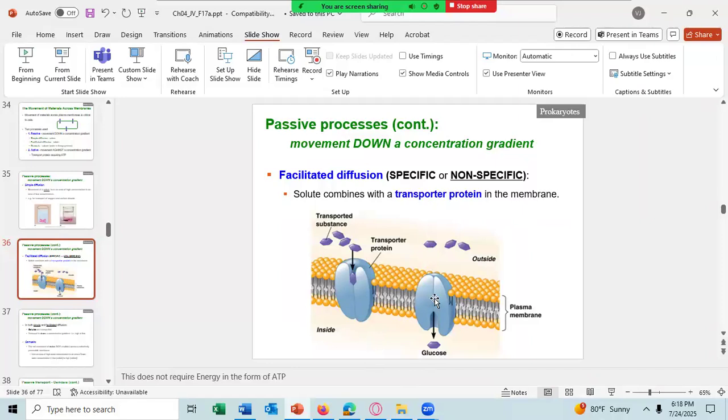Then the transport protein will transport all of the glucose outside the cell to inside the cell. That means if you eat sucrose, breaking down into glucose and fructose, all of that glucose will be transported into the cell.